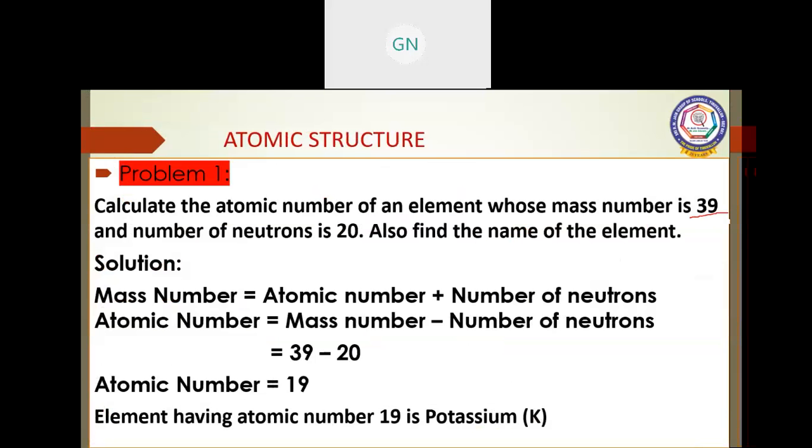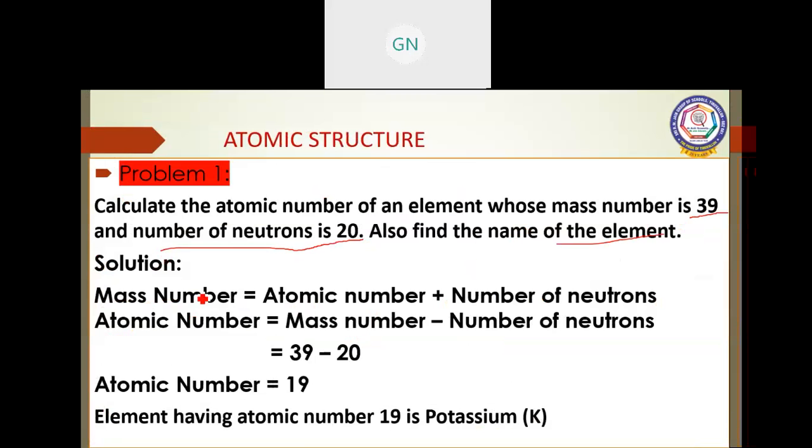Let me see a problem. Calculate the atomic number of an element whose mass number is 39 and the number of neutrons is 20. Also find out the name of the element. The mass number is equal to atomic number plus number of neutrons.